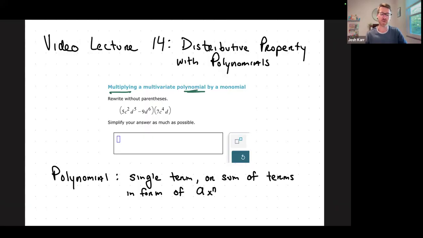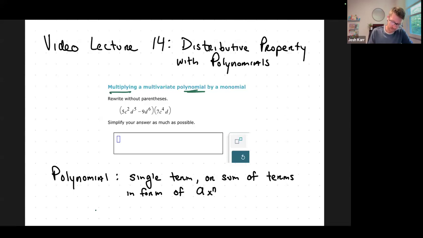Lots of topics in relation to this, okay? But first, I want to bring your attention to the fact that we've actually already considered polynomials without naming those. A polynomial is a single term or a sum of terms in the form of a times x to the nth power, where a is a coefficient, x is our variable, and n is some non-negative integer, so some whole number there.